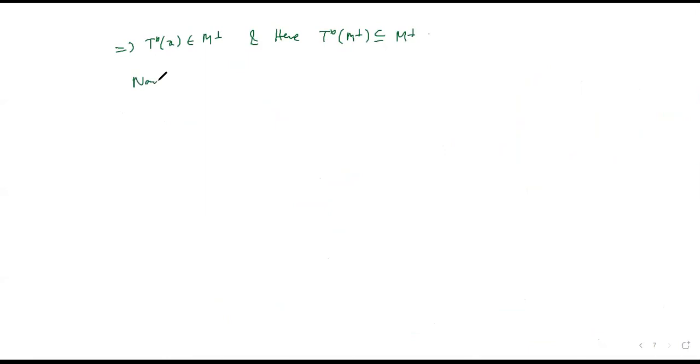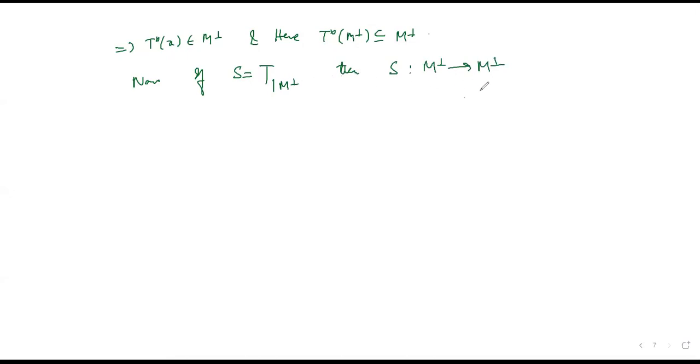So now, if we restrict, S is the map T restricted to M perp. तो मैं S उसका नाम देता हूँ. Then S is a map from M perp to M perp, isn't it?